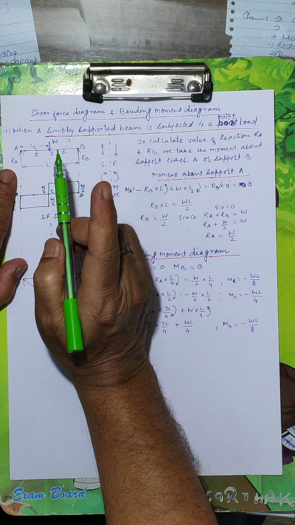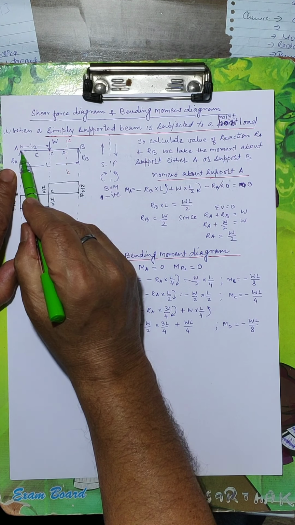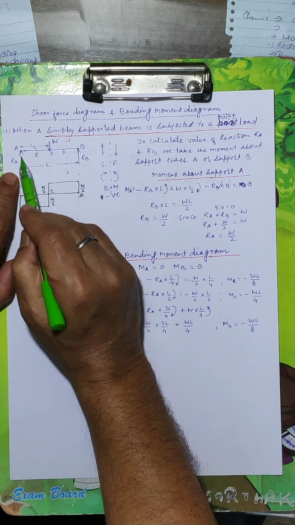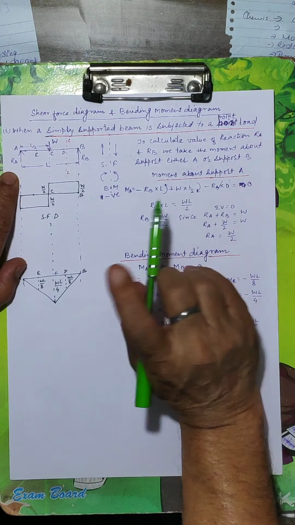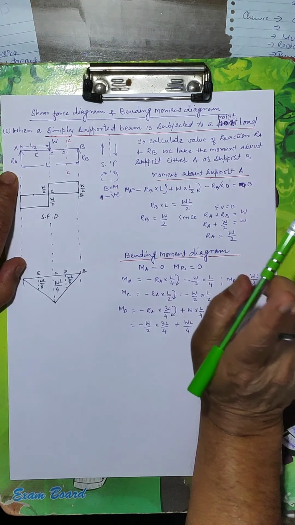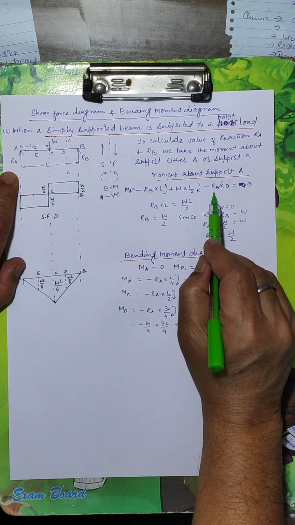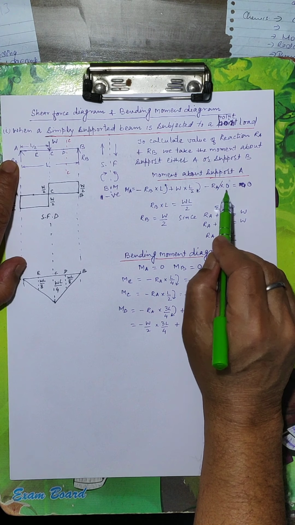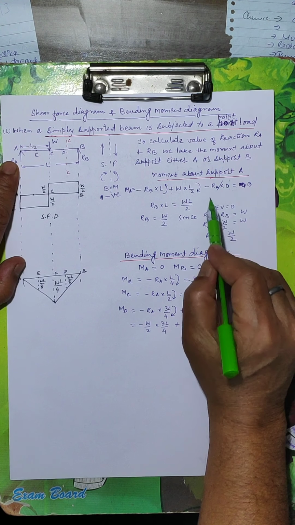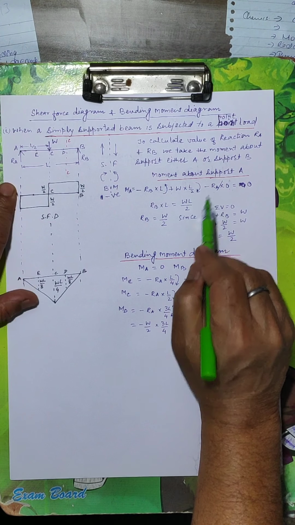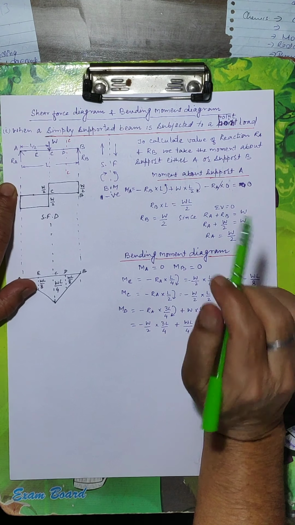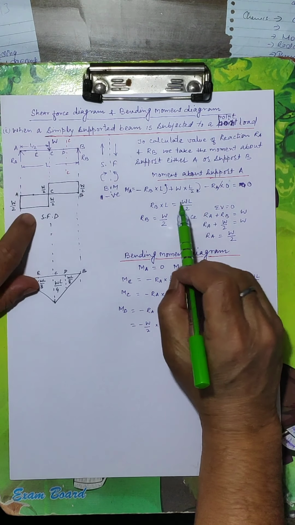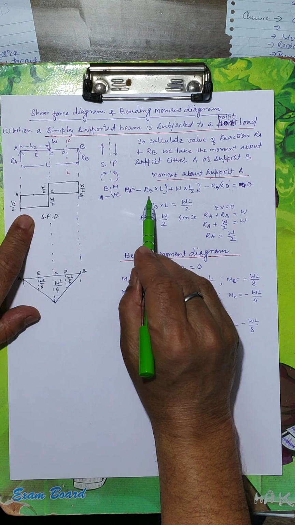And RA: we are taking the section and the moment at A, and the reaction RA passes through support A, so there is no perpendicular distance between RA and point A. The distance is 0, so RA is cancelled and the remaining is RB.